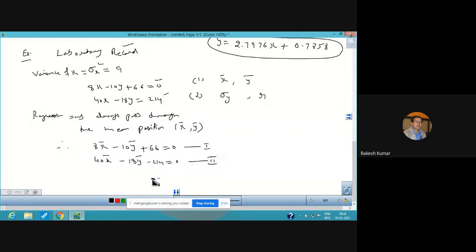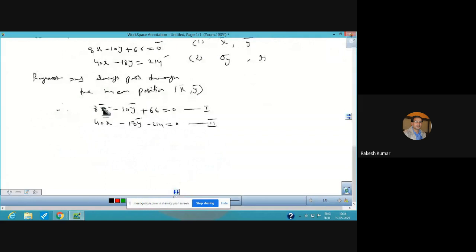Now from these equations we can easily find the values of x bar and y bar. Multiply the first equation by 5, you will have 40x bar minus 50y bar plus 330 is equal to 0. Now you can subtract, and these will be cancelled. This comes out to be 32y bar minus 544 is equal to 0. So y bar comes out to be 17.